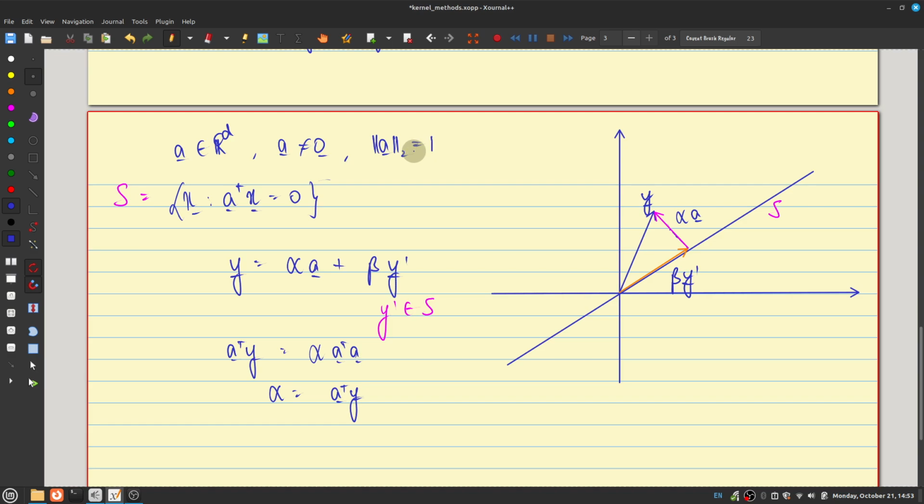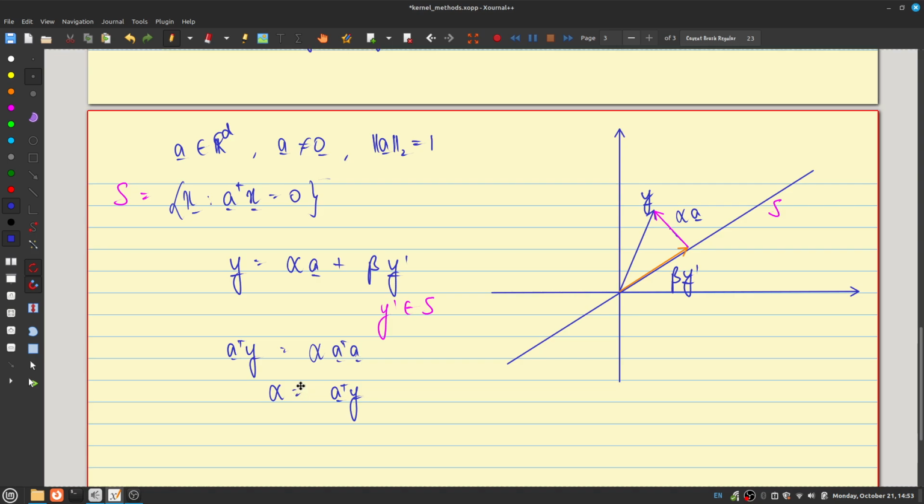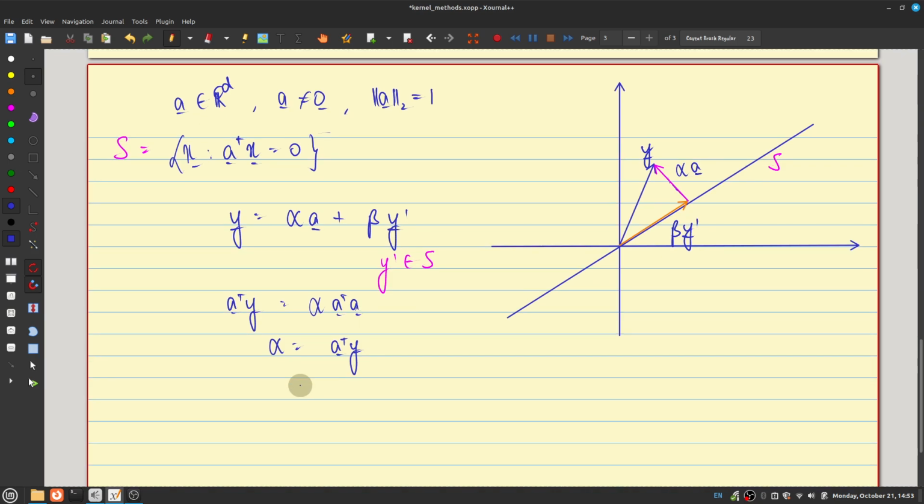That will make things a lot more convenient for us. So alpha is just A transpose y. This beta was actually unnecessary. I could just call this y prime.